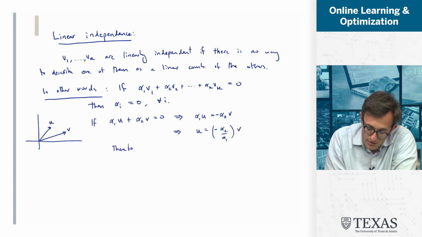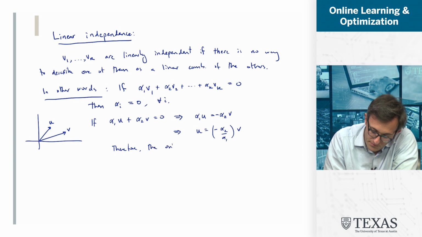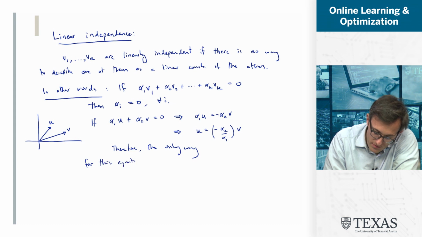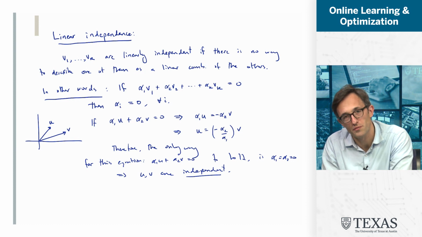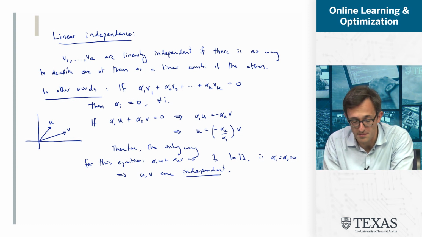Therefore, the only way for this equation, alpha 1 u plus alpha 2 v equals 0, to hold is alpha 1 equals alpha 2 equals 0. So in other words, u and v are independent. This illustrates the more general definition of what it means for a collection of vectors to be independent.